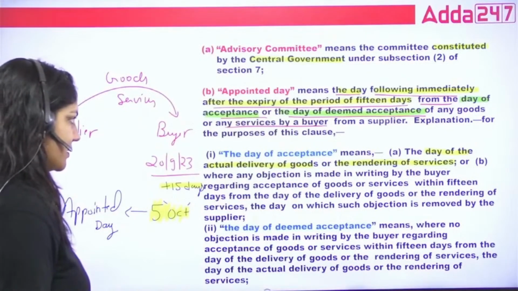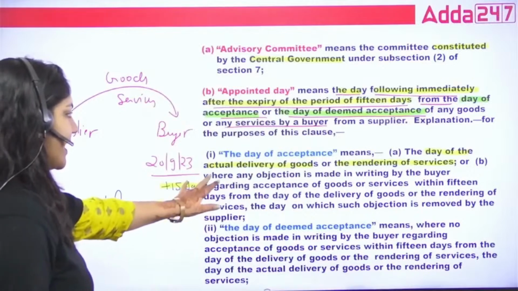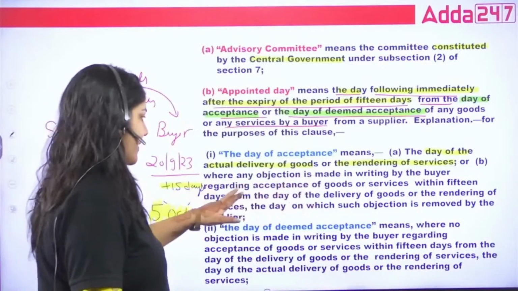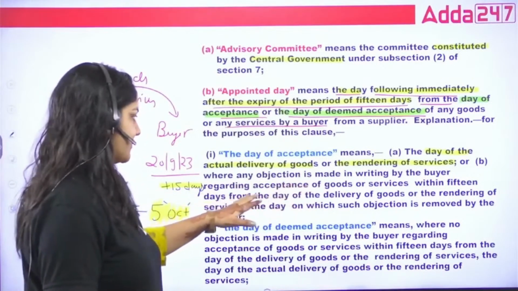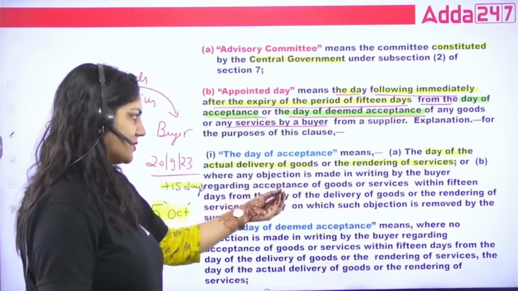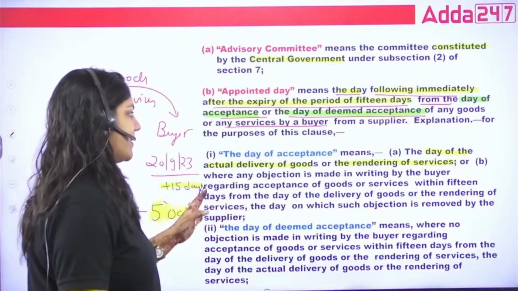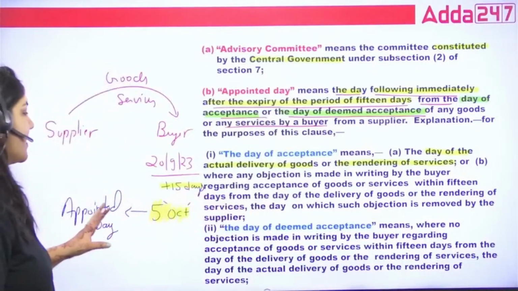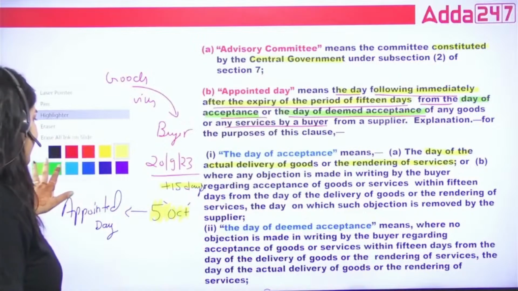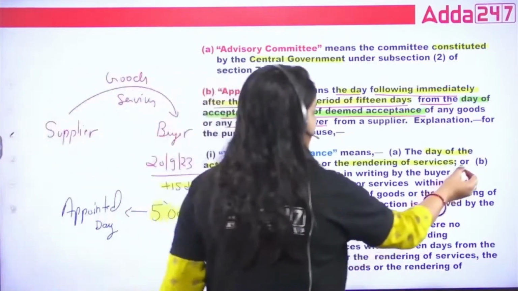Is that okay? Where any objection is made in writing by the buyer regarding acceptance of goods and services within 15 days from the day of delivery of goods or rendering any service, the day on which such objection is removed by the supplier is also called the day of acceptance. So there are two definitions, guys.